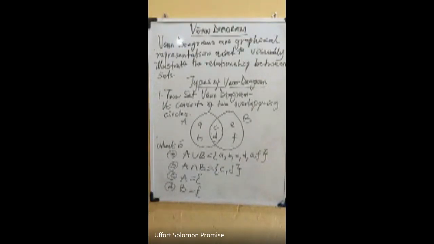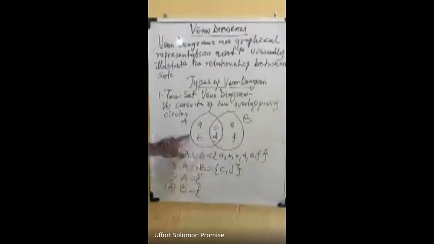So the third question says, what are the elements in set A? The elements in set A include what you are seeing in this part of the circle together with what you are seeing in the overlapping, which makes up set A. The circle is like this.